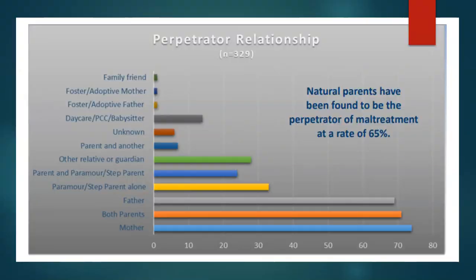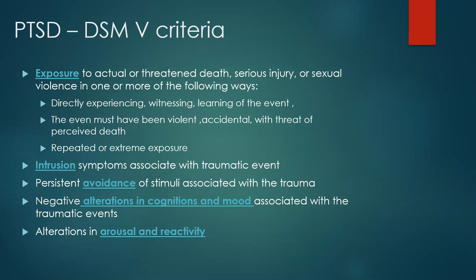So what do we see? Right? Father, both parents, mother are more likely. Natural parents are going to be the perpetrator 65% of the time. So what is PTSD? There's an exposure to an actual or threatened event of any type. Anything that you think is traumatic. You could even just hear about something happen. And PTSD is characterized by different types of symptoms.